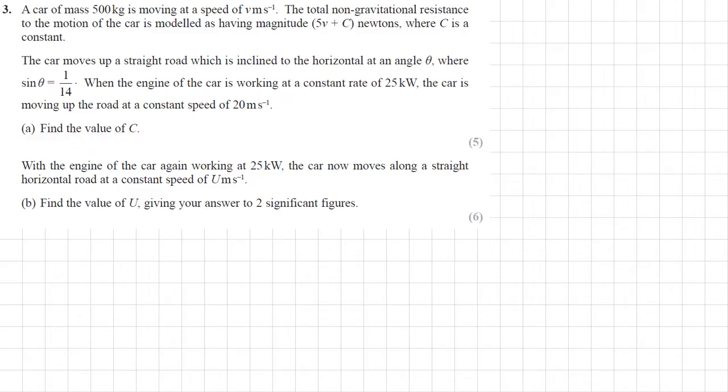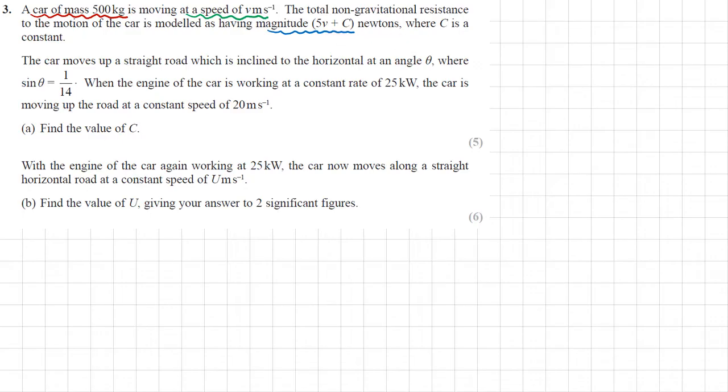So let's underline what we've got. We've got the mass of the car. It's moving at a constant speed of v. The non-gravitational resistance is of size 5v plus c. So this is different to the previous one, where it's not a constant resistance, it is dependent on the velocity. c is a constant.